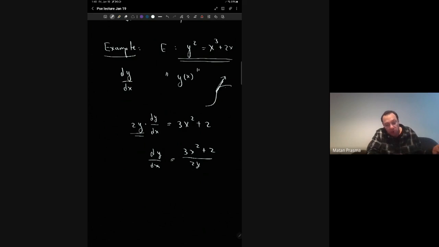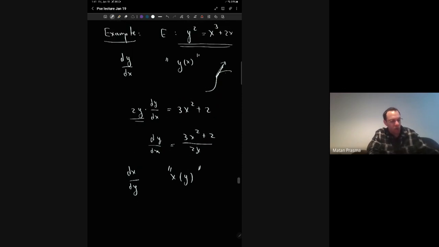But I could also do dx to dy. How do I do this? Well, I think of x as a function of y, and I derive the left-hand side and the right-hand side with respect to y. So when I derive the left-hand side with respect to y, I simply get 2y.